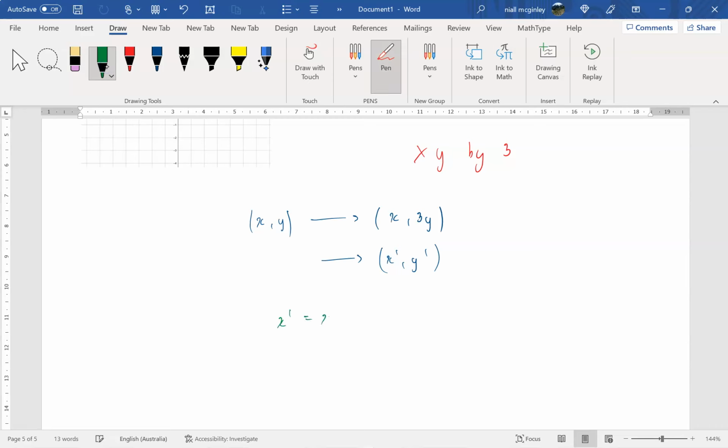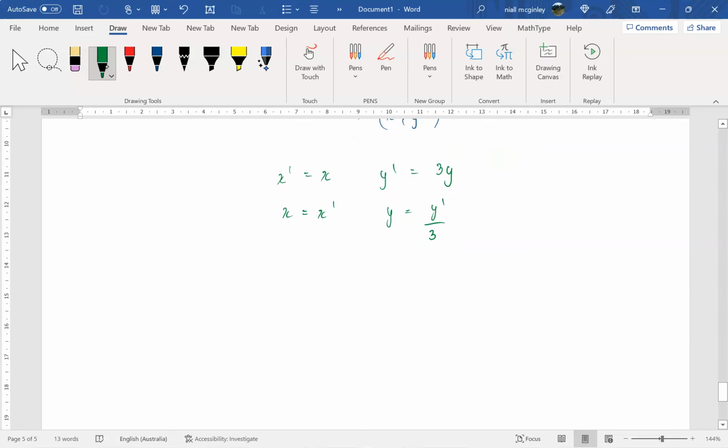Our new x value is just the same, so x' = x. Our new y value, y', is 3 times the original y. Then with mapping we make x and y the subject, so y = y'/3.